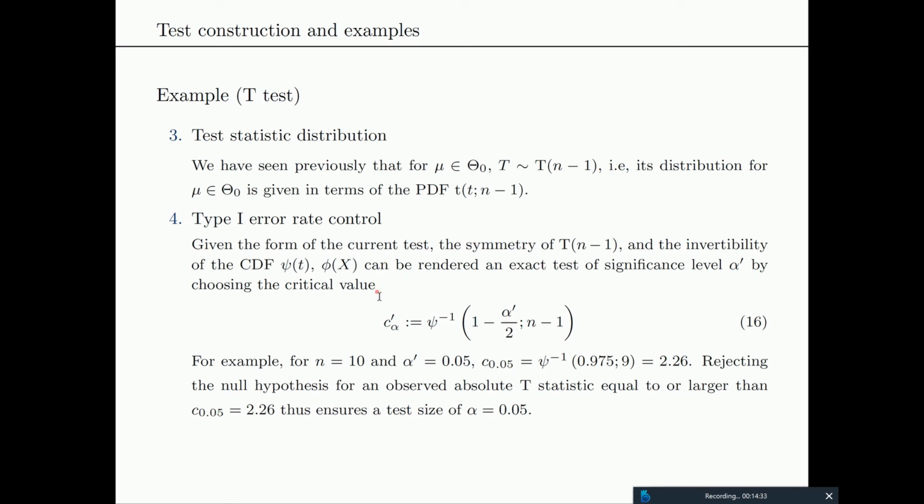And we know that the t-statistic is distributed according to a t-distribution.